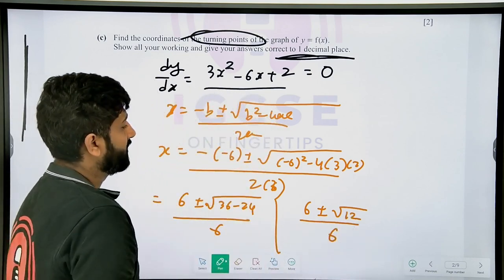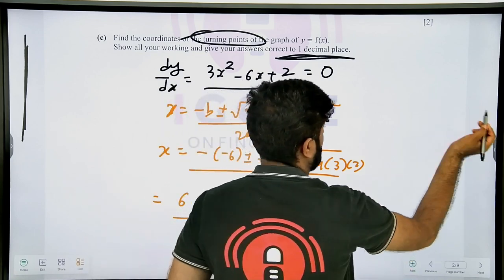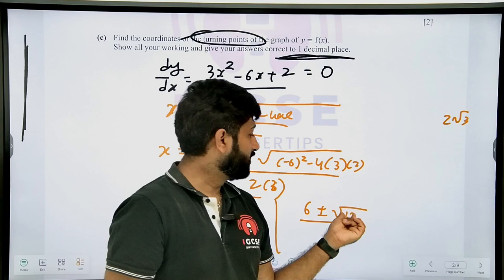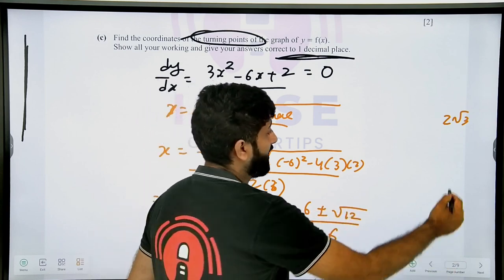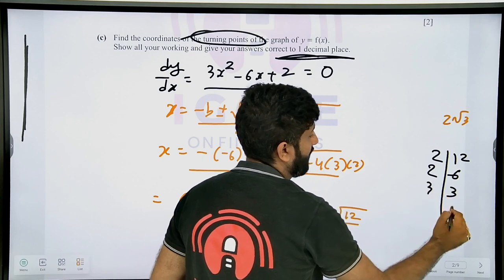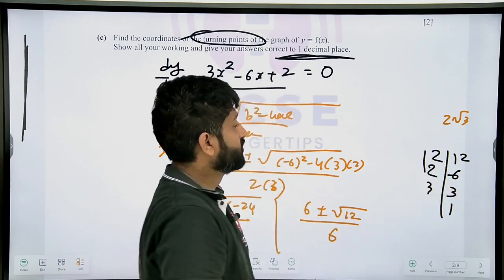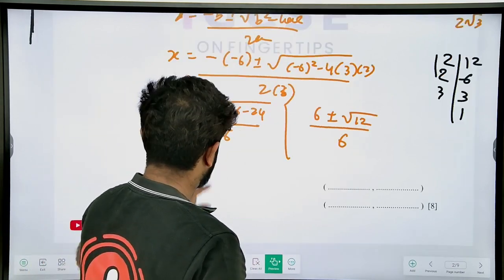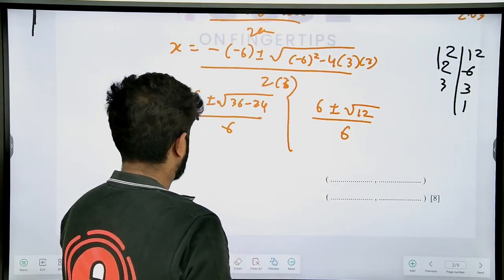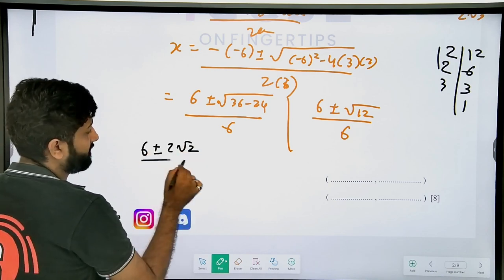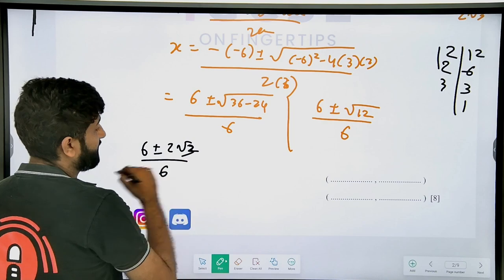Right? I can write root 12 as 2 root 3. How? Because 12 is 2 times 6, 2 times 3, 3, 1. So this is 2 root 3. So I can further simplify this as 6 plus minus 2 root 3 by 6.